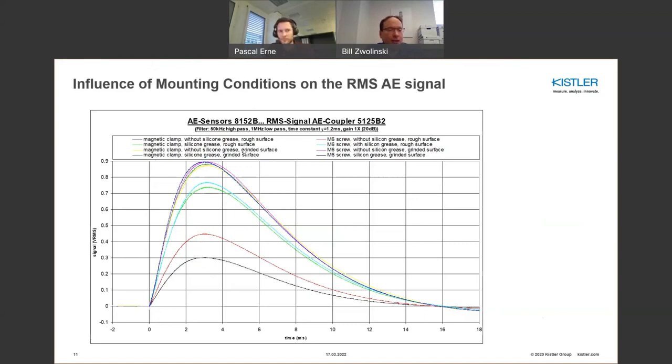And lastly, if you have a ground surface, you see a further improvement. What you also see is that screw mounts are absolutely the most preferred in terms of overall signal quality and integrity of the measuring chain.